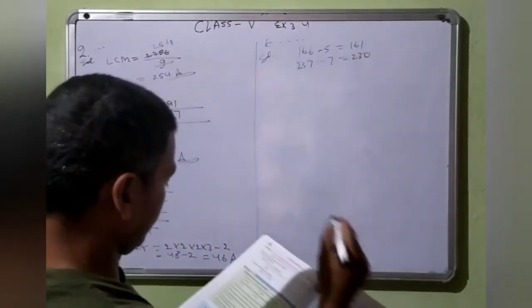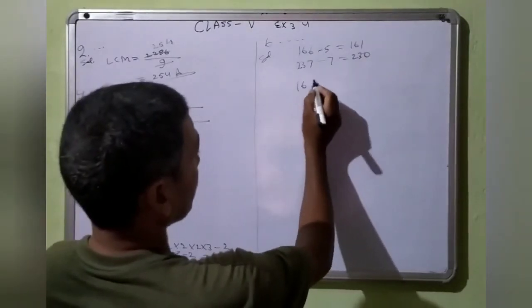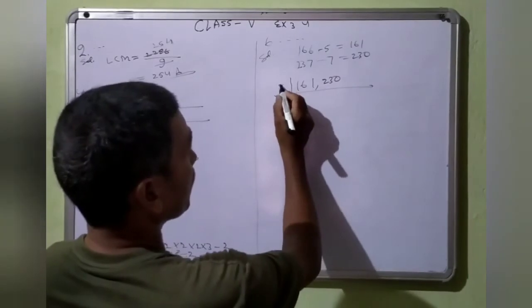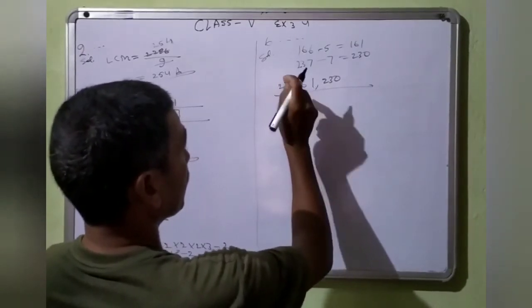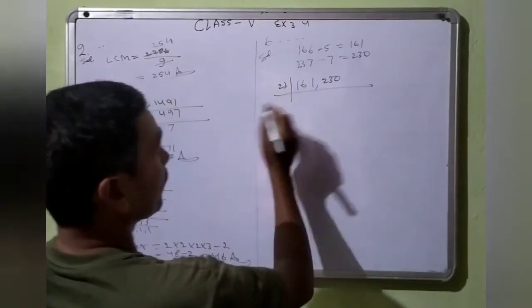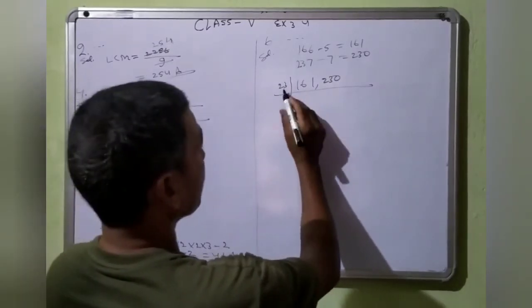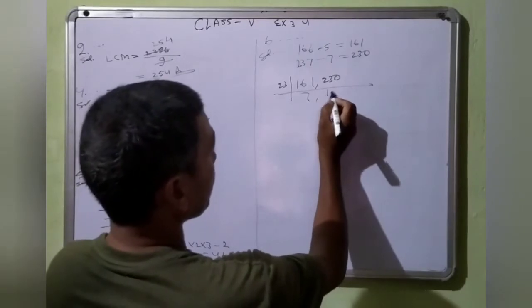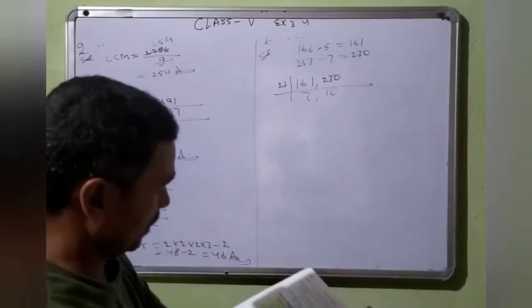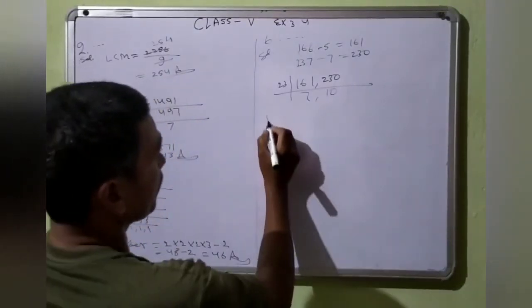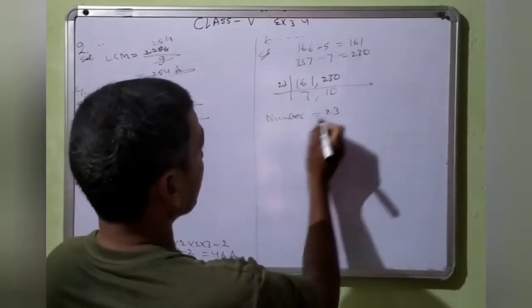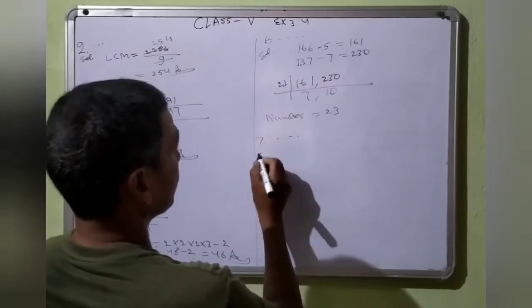Now we will find the HCF of 161 and 230, which is 23. Then by 23, 7, and 10. So that number is equal to 23. Seventh question.